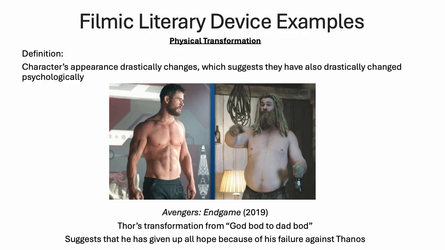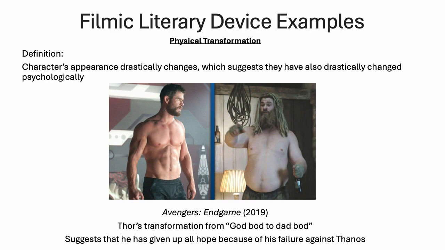Another effective literary device in film is the physical transformation. Physical transformations occur with a character or a setting going through a drastic exterior or physical change that usually signifies an equally drastic internal change. In the film Avengers Endgame, we see a very good example of this with the transformation of the character Thor from the God bod to the dad bod.